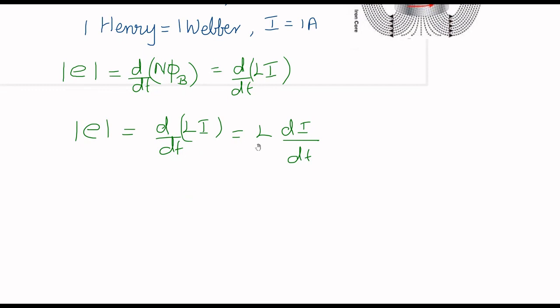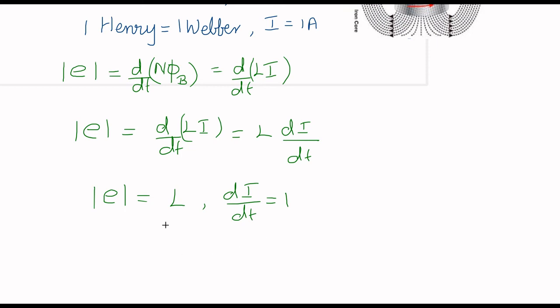How to define L from the equation E equal to L di by dt? Magnitude of induced EMF is equal to self-inductance when rate of change of current is unity.